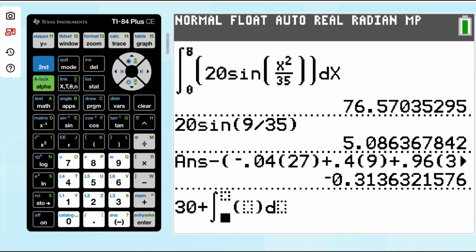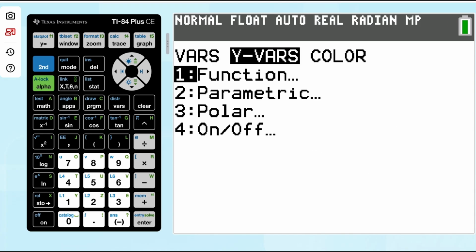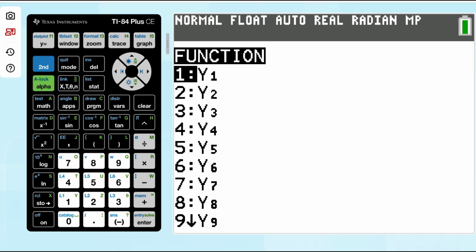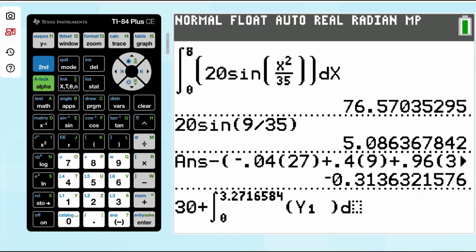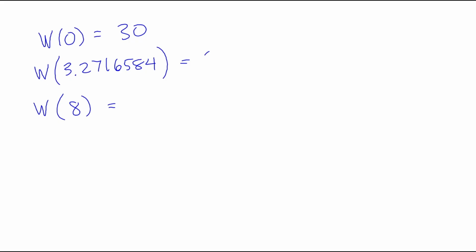And then we'll say from 0 to 3.2716584. To put that function in, we hit the VARS button next to clear, go to the second column, y VARS, choose option 1 for function, and since our function is y1, we hit enter there. We'll put our dx at the end, and it comes out to be 27.965 when you round.